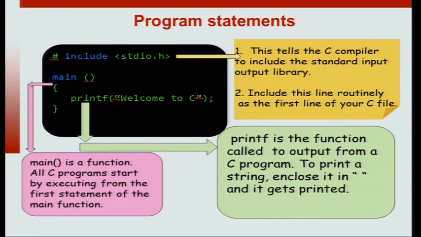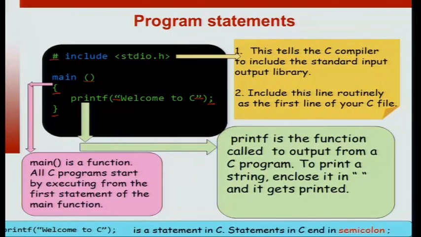To repeat again, please note the extra punctuation symbols which tell you that these are valid C statements. All the underlined symbols are important. So in the line printf welcome to C, this is what is known as a statement in C, and statements in C end in a semicolon. So this semicolon is also important because it tells you that this is where the statement ends.